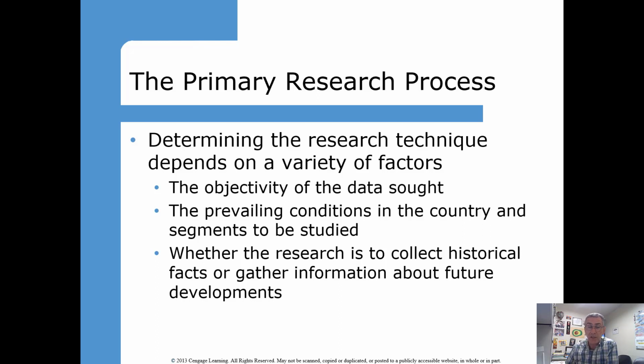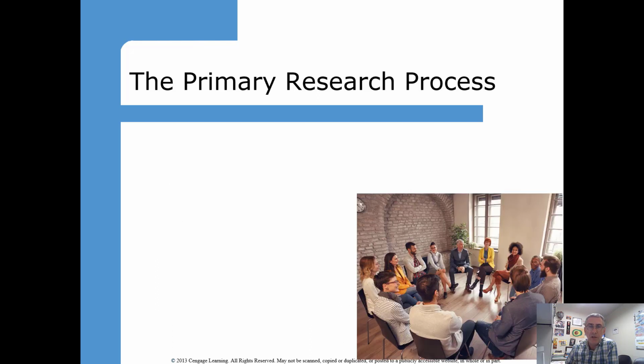What do they like about soda? When do they drink soda? In conjunction with what? Does the temperature affect things? Whatever. So that could be a historical way. But if it's a new product that's never been out, if you're targeting a market that has never heard of soda, then it's going to be future, right? Cultural and individual preferences, of course, are obviously going to be one of the primary factors.